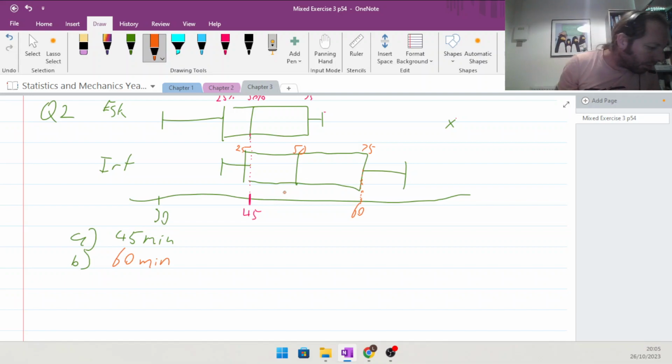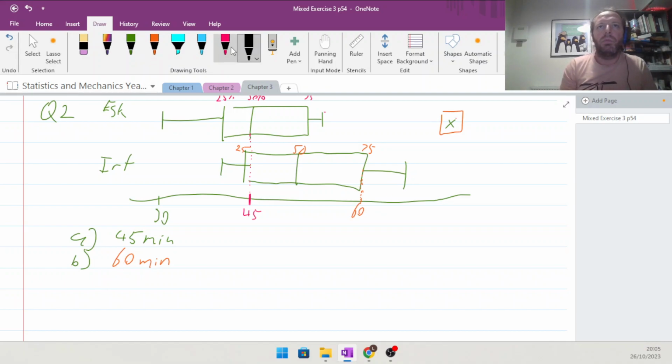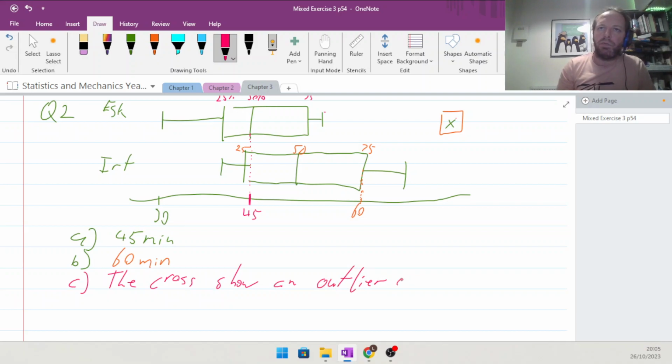Now then, explain what is meant by the cross at the end of the Eert team. The cross shows an outlier of the running club's members.